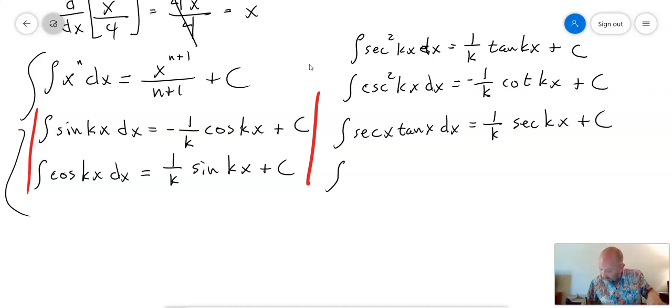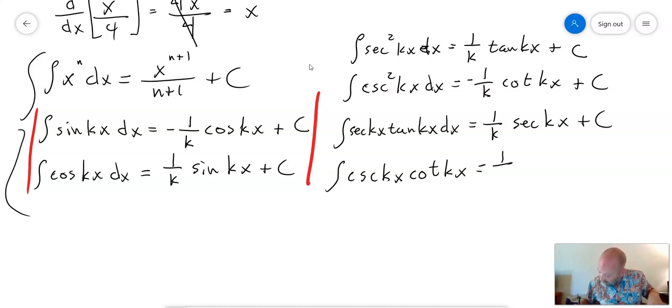And lastly, the integral of cosecant kx times cotangent kx is negative 1 over k cosecant kx plus a constant.